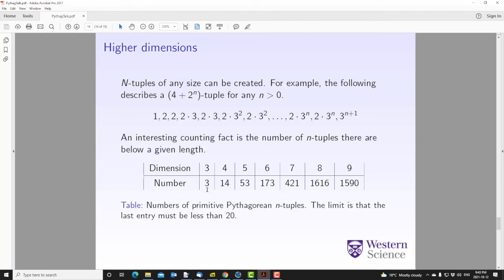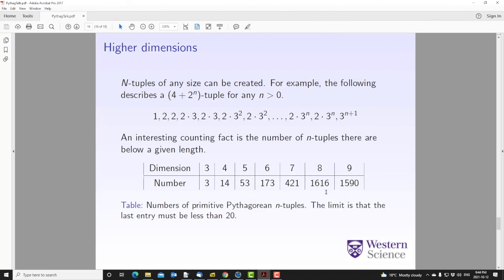So with dimension 3, there are only 3 triples whose sizes are less than 20. When you go to dimension 4, that's a quadruple, then you end up with 14. And then, as you see, as you add dimensions, it becomes easier and easier to find appropriate n-tuples which are of size less than 20.